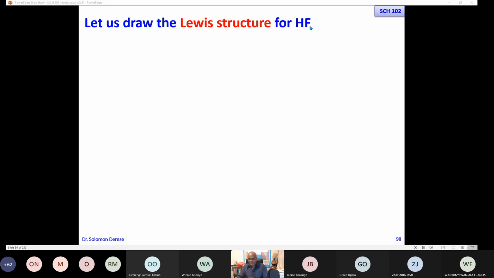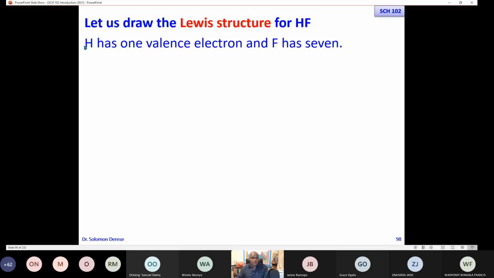So in HF, hydrogen has 1 valence electron and fluorine has 7. The total number of valence electrons in hydrogen fluoride is 1 plus 7, 8.